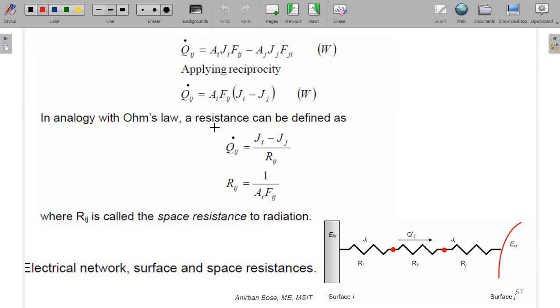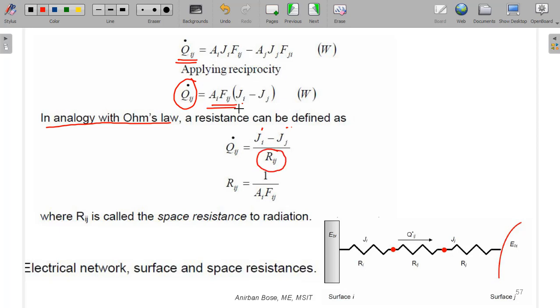So that between i and j will be Ai Fij (Ji minus Jj). In analogy with Ohm's law, what is this Q? This quantity is like Ji minus Jj, the potential difference between 2 points, divided by resistance.